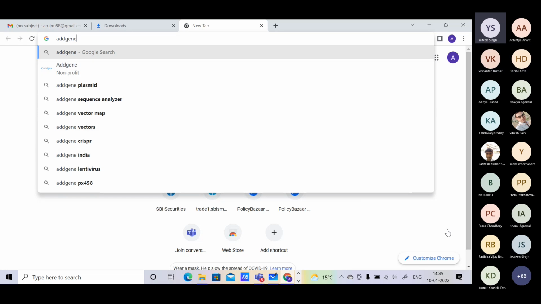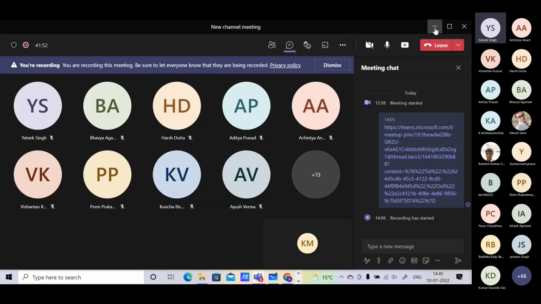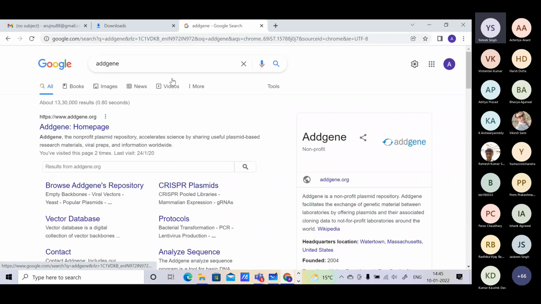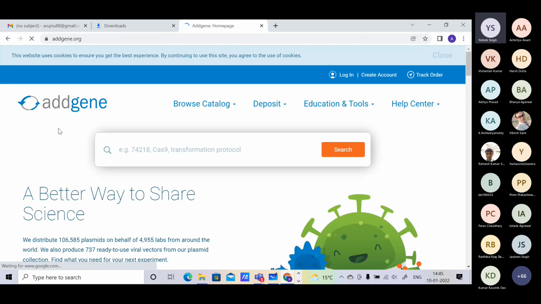Yes, sir. Okay. So the important part is that now we are going to the in silico part of it. We are going to Addgene. First, I will explain with a question how the questions can be framed for your assignment.